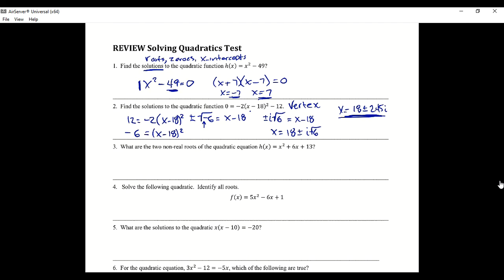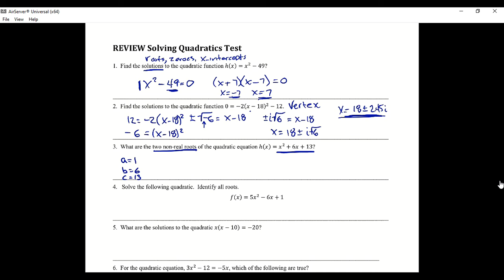All right, number 3. What are the two non-real roots of the quadratic equation h of x equals x squared plus 6x plus 13? Here we're already in standard form. And since it's telling us non-real roots, we cannot use the calculator graph. We could use the calculator for the quadratic formula, however. So straightforward, our a equals 1, our b equals 6, our c equals 13.